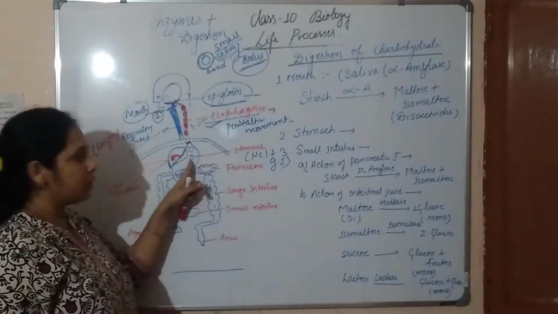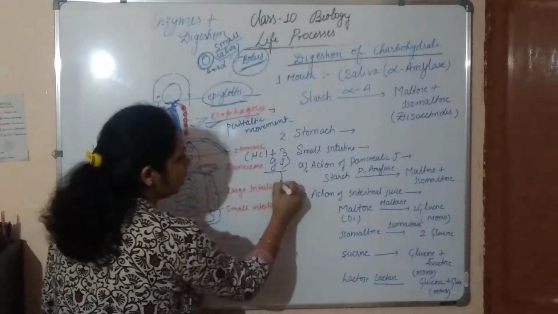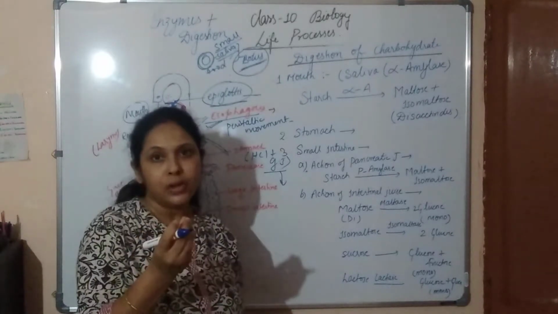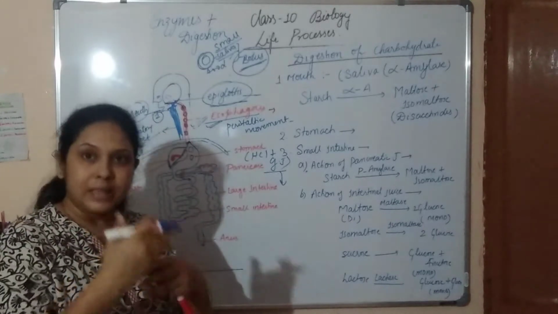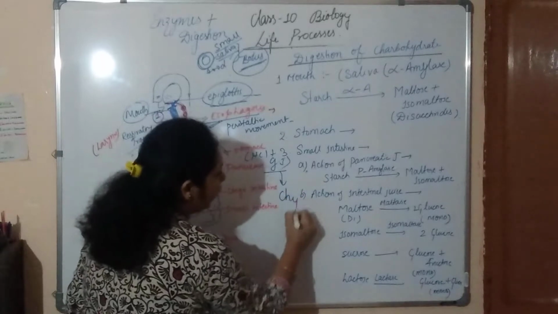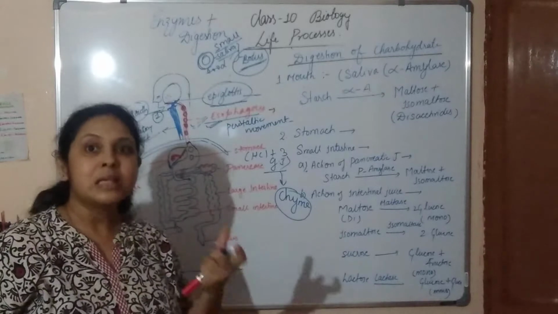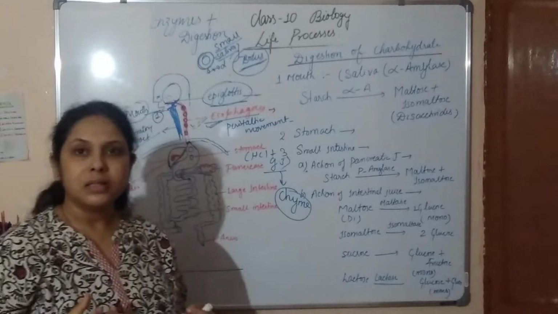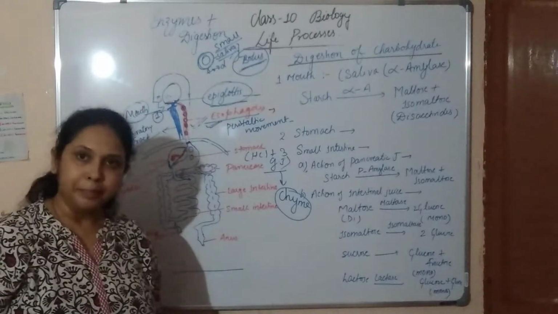The bolus which comes from the esophagus to the stomach, when mixed with the gastric juice or HCl, is called chyme. Now the food is known as chyme, which is a little pale in color.